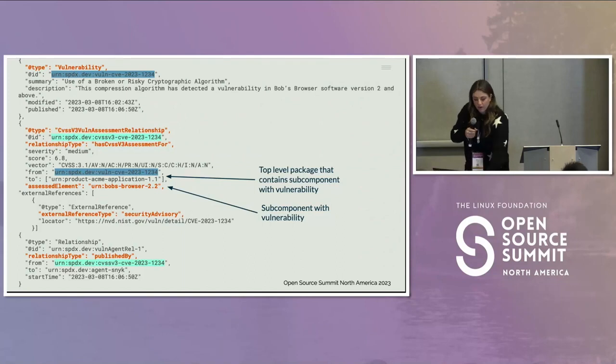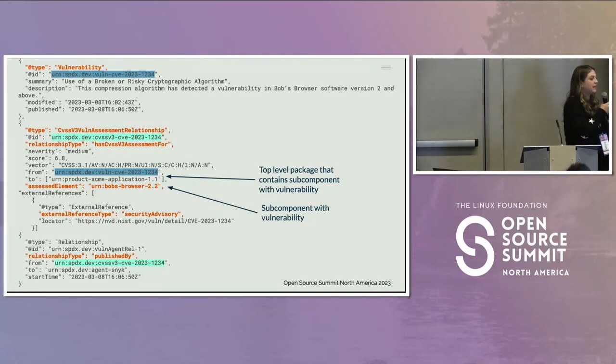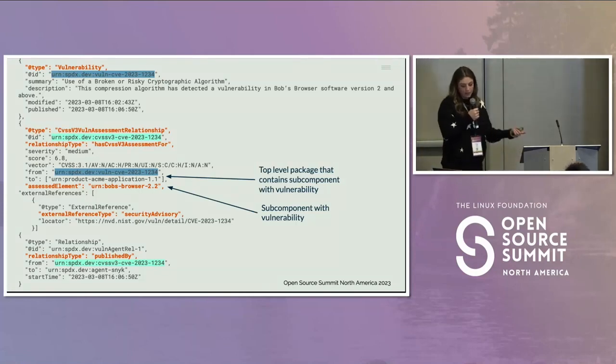So more code that will make your eyes hurt. I apologize. This is a way to assert an assessment for a vulnerability. So this is saying that I am asserting a severity for this CVE. To do that, we're going to use this CVSS v3 vuln assessment relationship, and we're going to create a relationship element.